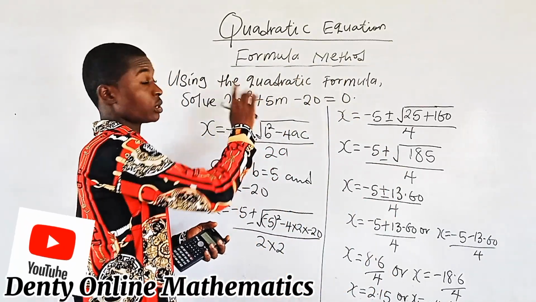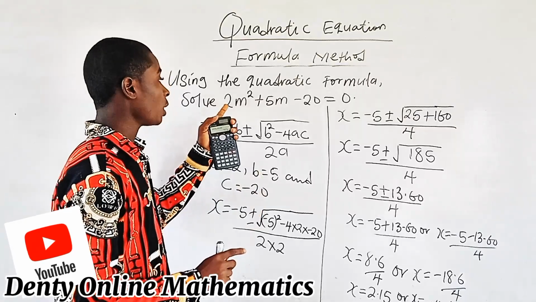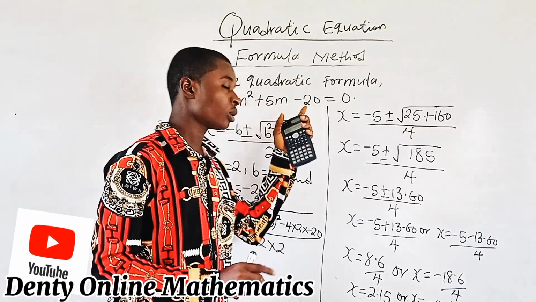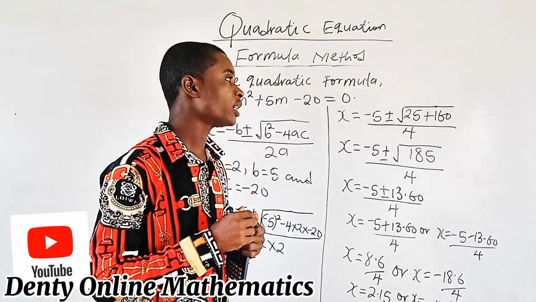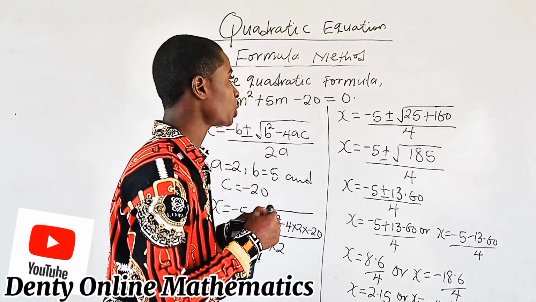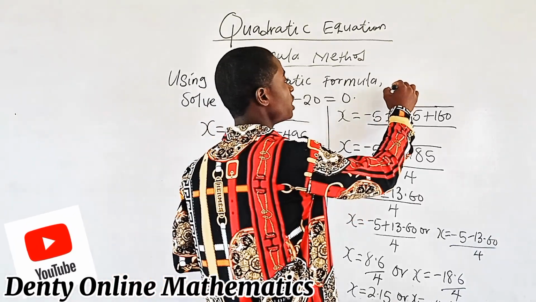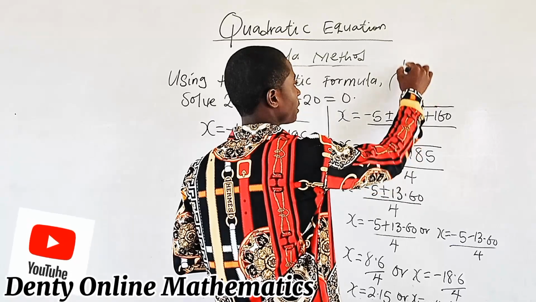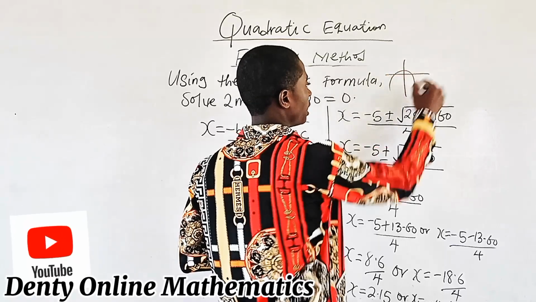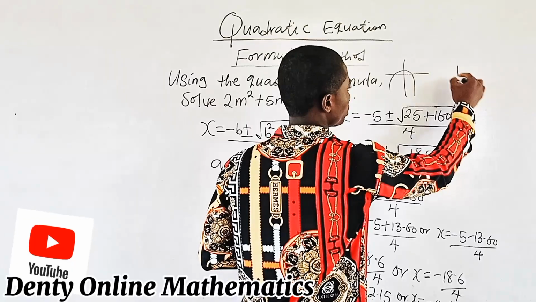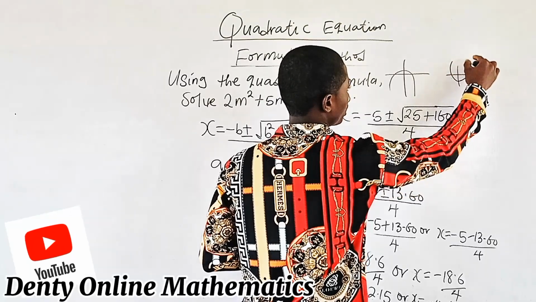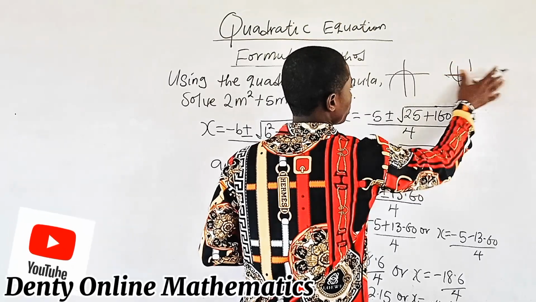A quadratic function, just as you have here, has the power of 2. Anything that has the power of 2 is a quadratic function. Now, a quadratic function will always have a quadratic root. And note that for a quadratic equation, the graph will always be either in this format, or like this. This is just an illustration.